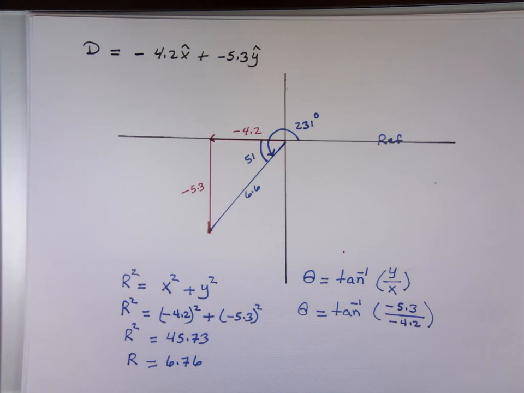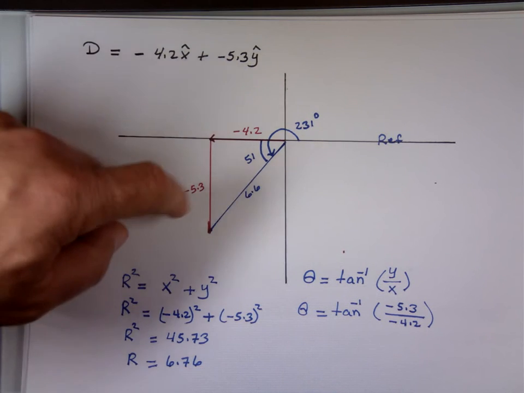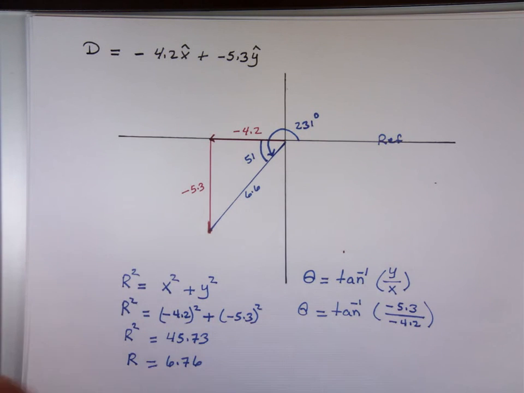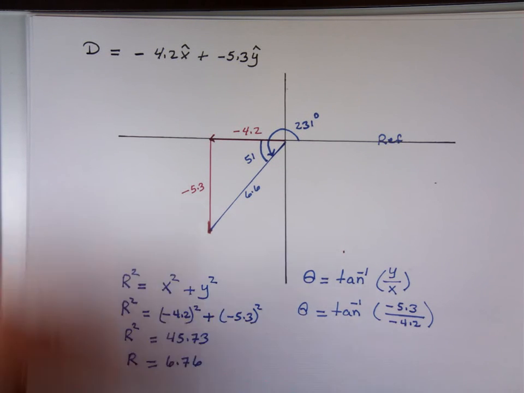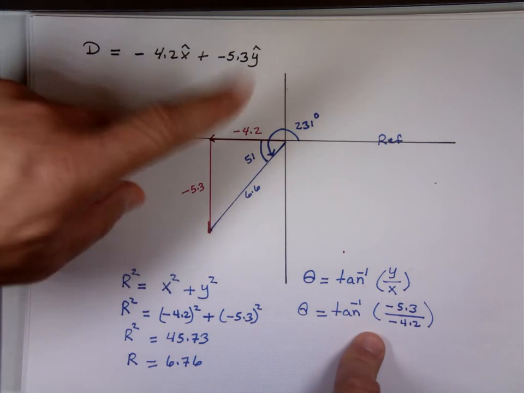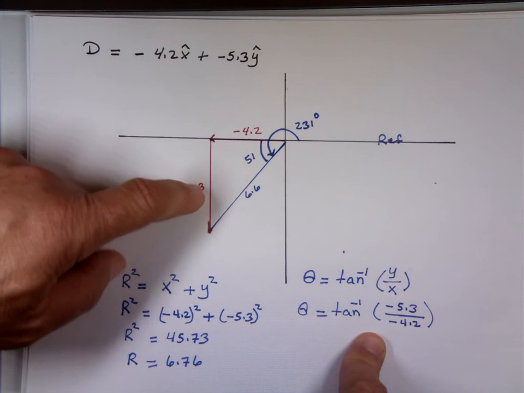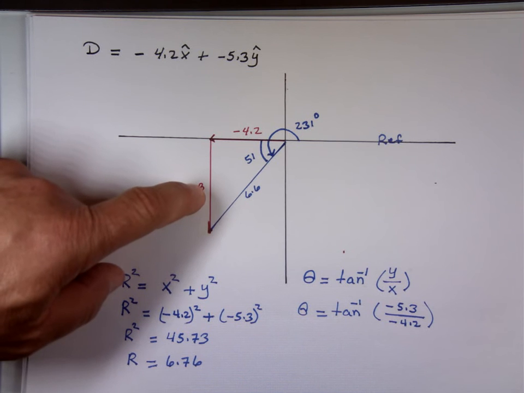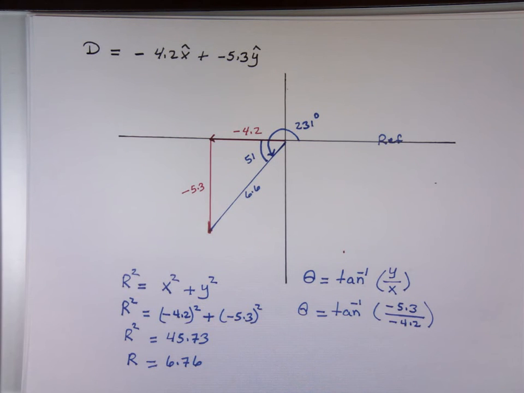So anytime you're in the second or third quadrant, you need to add 180 degrees to your answer. Anytime, if you're going to use this method, anytime you're in the second or third quadrant, always add 180 degrees to the answer the calculator gives you. If you're using the built-in function for that, then you're fine. The calculator knows which quadrant.